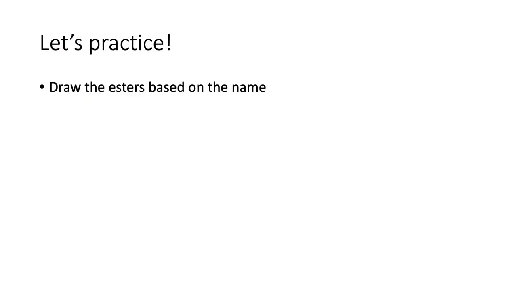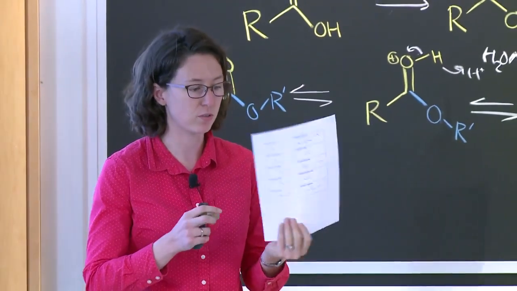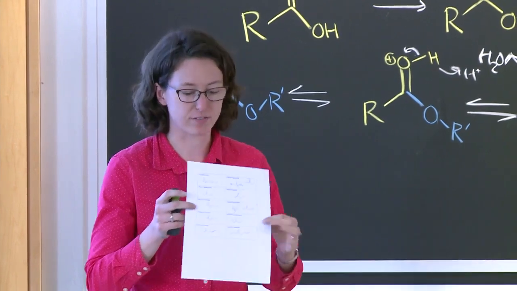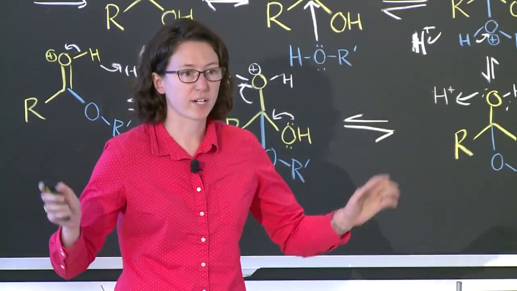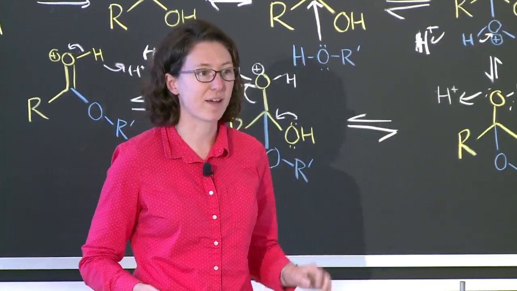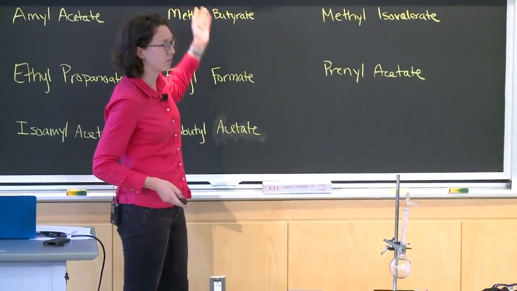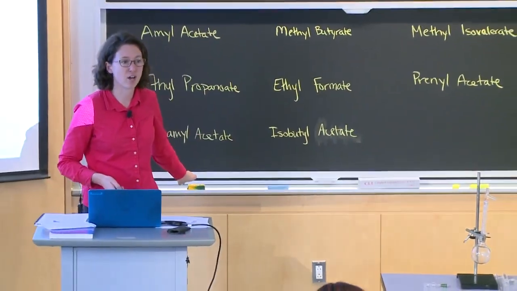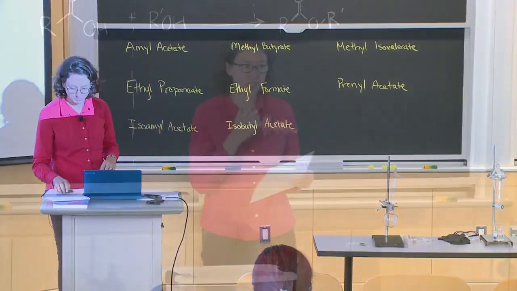So if we want to take a moment and practice naming these esters using the information in the past 2 slides that you should have on your PowerPoint handout and the structures on the back of here, you should be able to draw the structures of all of these different esters. So take a moment, do that, and talk with your neighbors, work it out, ask your TAs if you're back there. And then I'm going to have people, when you are confident that you know the structure of one of these guys, come down here and draw it, please. So I'll give you a couple minutes to do that.